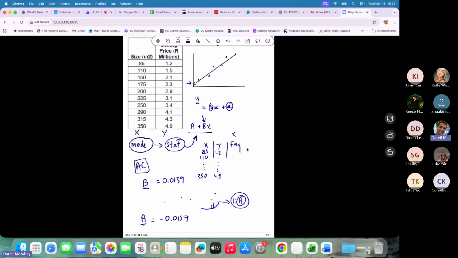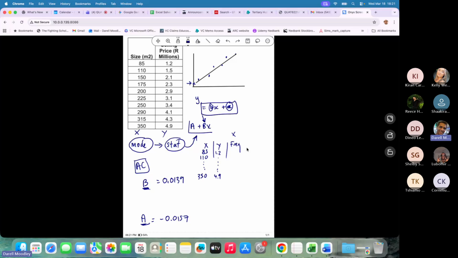Okay, almost done. So what we just need to do is write out the equation. We have our A, we have our B, and this is the equation.